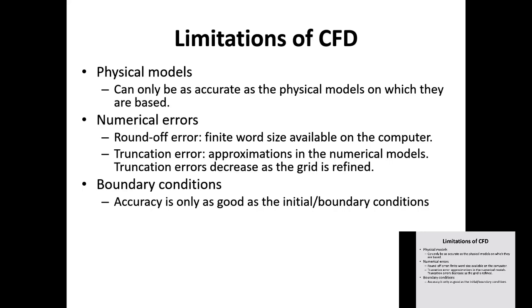That's okay, but that's not physically exactly correct, because you can't give 1 meter per second right at the beginning of the pipe, because there is a wall, there are wall effects. When you have wall effects, what you have is a boundary layer. So you have to define boundary conditions accurately as well. So these are some of the limitations of CFD.